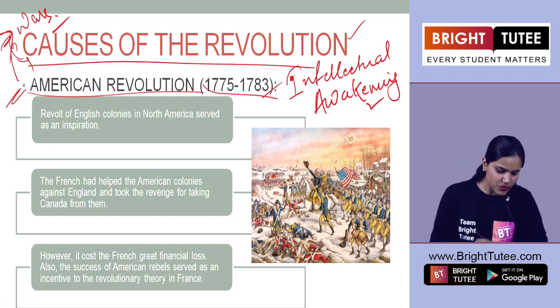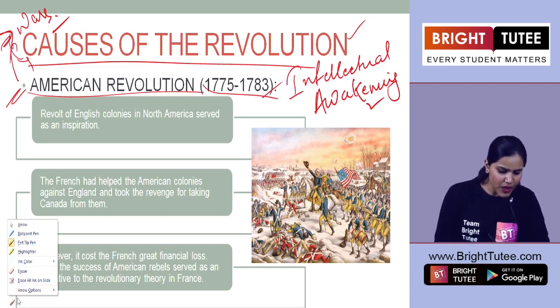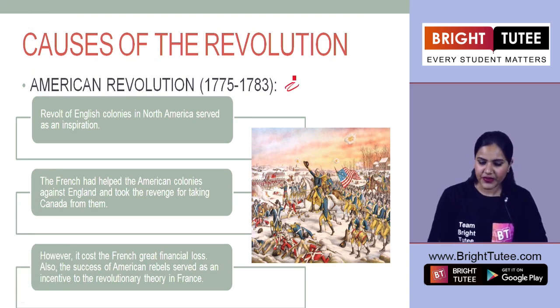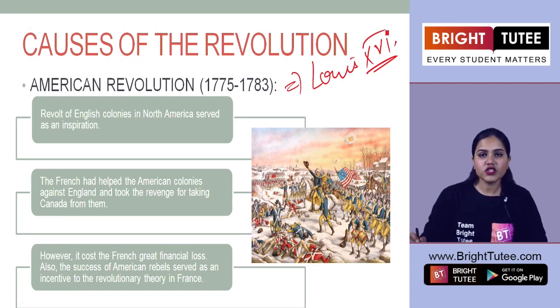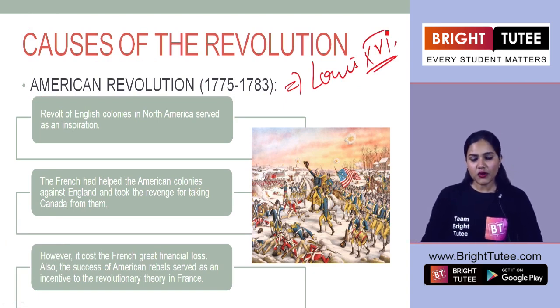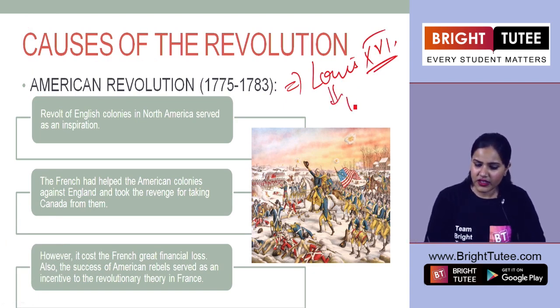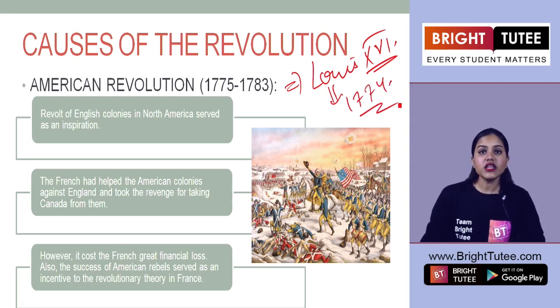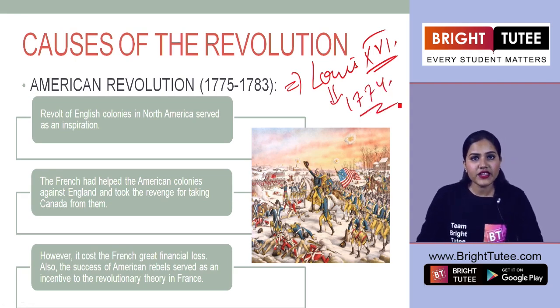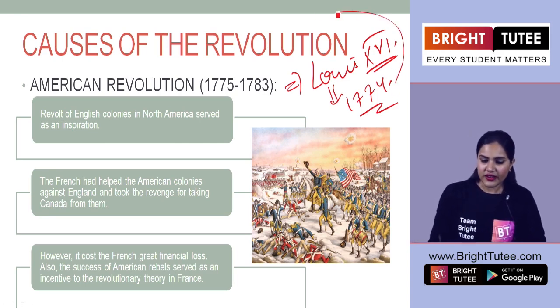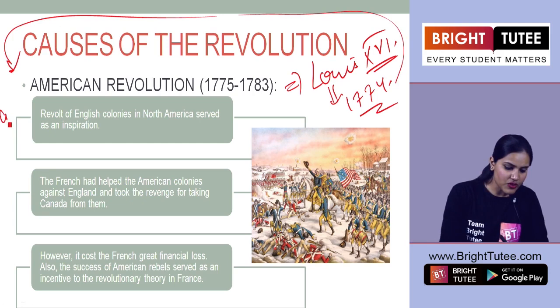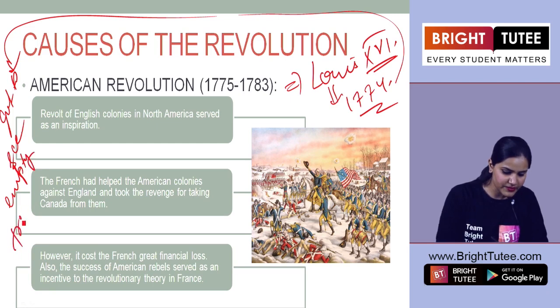Now, if you remember students, before this we already talked about Louis XVI while we were discussing the causes of the French Revolution. We saw that when he ascended the throne in the year 1774 at the age of 20, he got to see an empty treasury, correct?